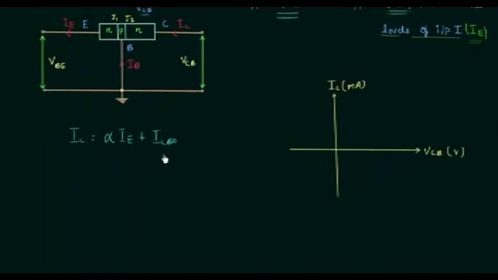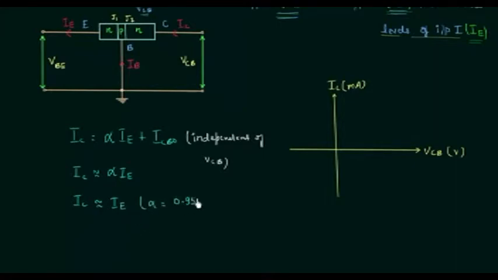ICBO is very small as compared to alpha times IE, so we can neglect ICBO, and IC is nearly equal to alpha times IE. You can also see in this equation there is no VCB, so this is independent of VCB.